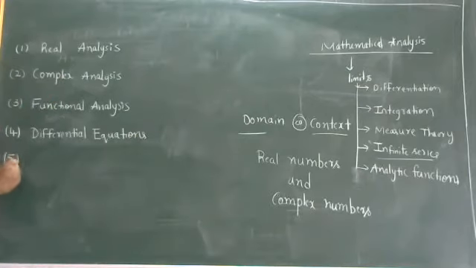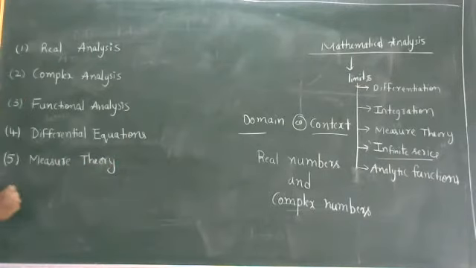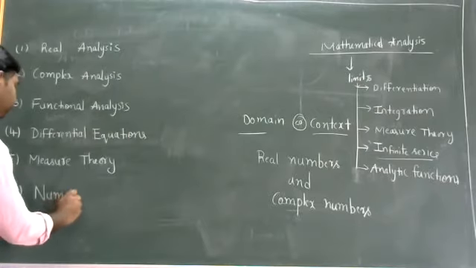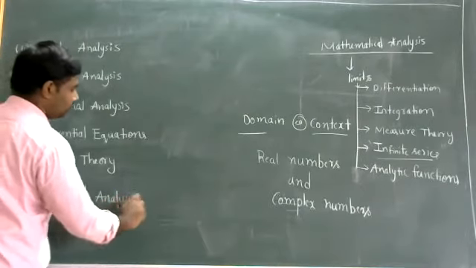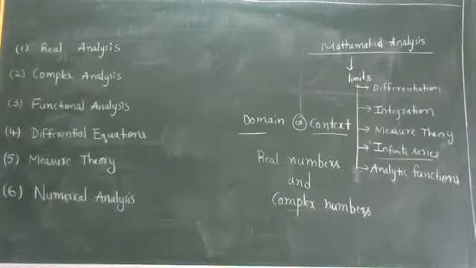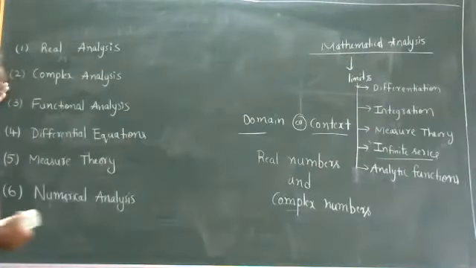Fifth one is measure theory, and finally numerical analysis. So these are the main sub branches of analysis. Apart from this, there are other sub branches also, but these are the main sub branches of mathematical analysis.